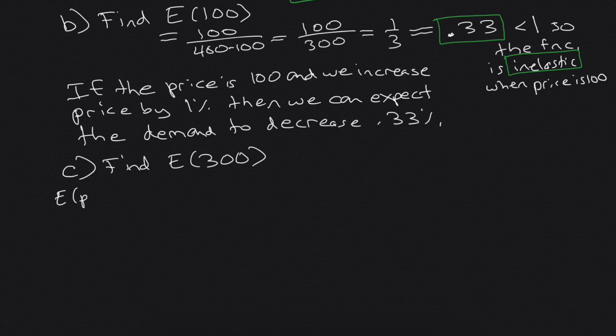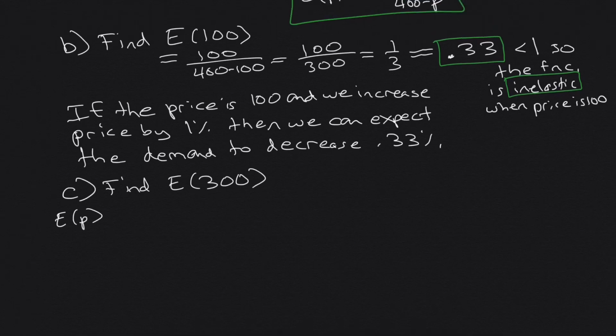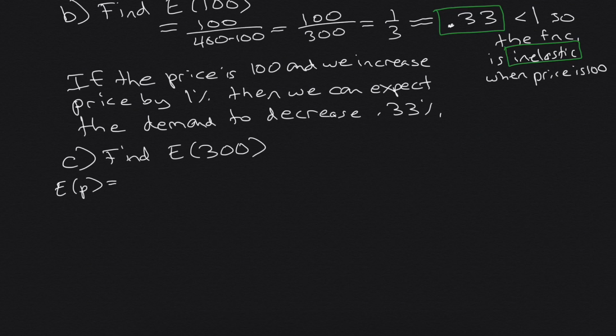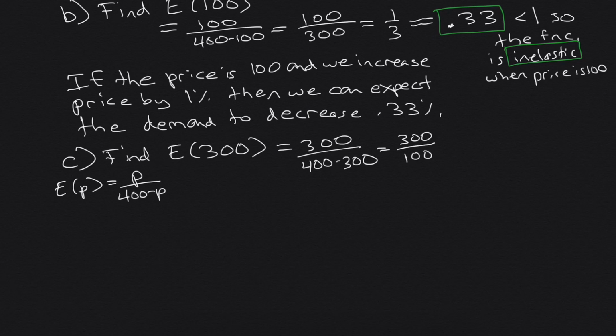So E of P, sorry, I'll scroll back up here. P divided by 400 minus P. So E of 300 is going to be 300 divided by 400 minus 300, which is 300 divided by 100, which is 3 there.